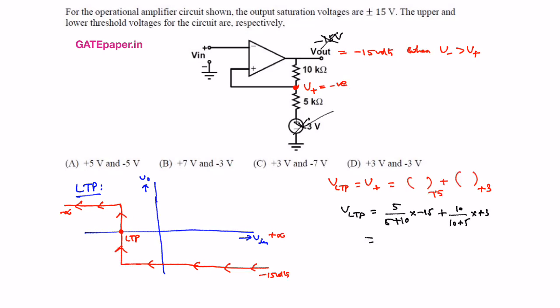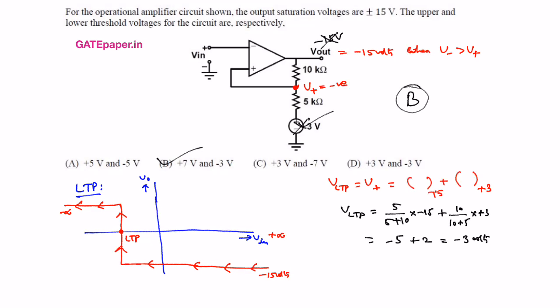So 15 gets cancelled, it will be minus 5 plus 10 by 15 into 3, that means minus 3 volts. VLTP is minus 3 volts, VUTP is plus 7 volts. So the right answer for this one is B.